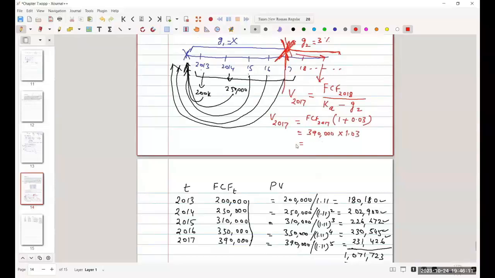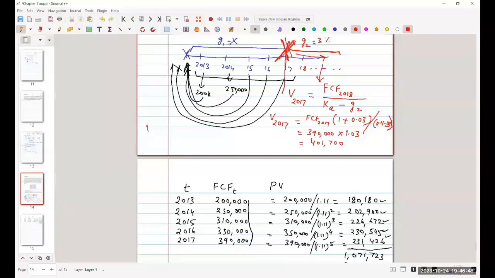So if you do this, you will get 401,700. I forgot to divide it by what was the required return, 11% minus the growth rate, 0.03.